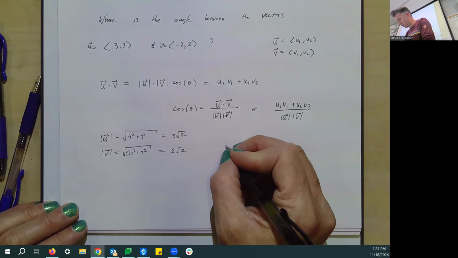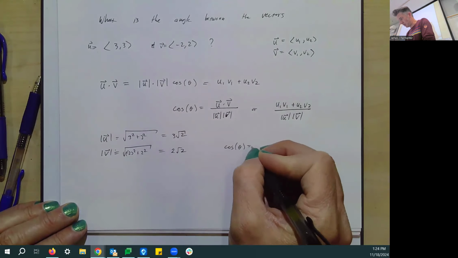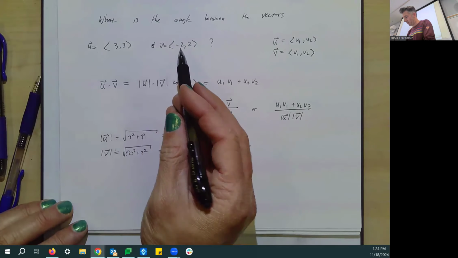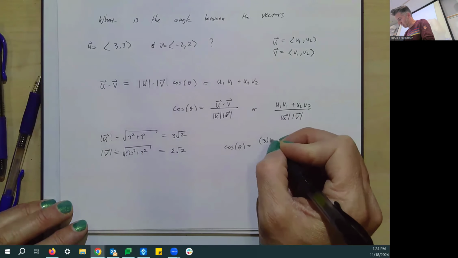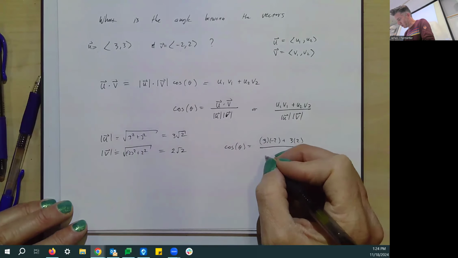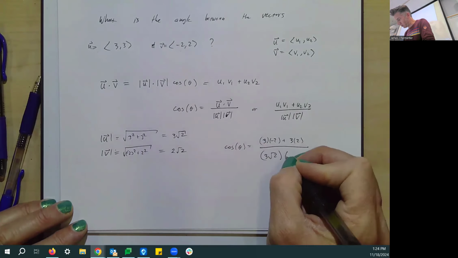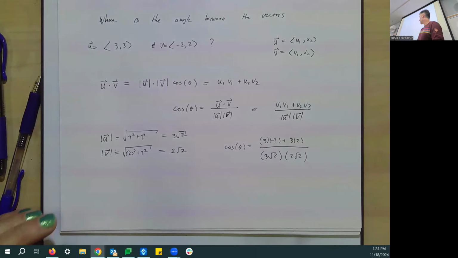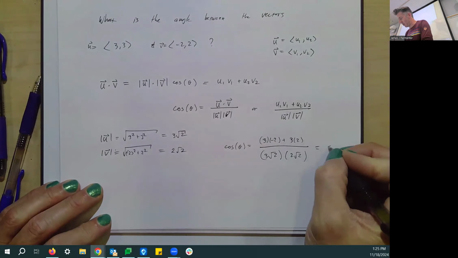So then cosine of theta is going to equal u dotted with v, so 3 times negative 2 plus 3 times 2, all over 3 root 2 times 2 root 2. I probably didn't need to do all that work for the bottom part, because in this particular case, the numerator ends up equaling what? Zero. And 0 divided by not 0 is still 0.